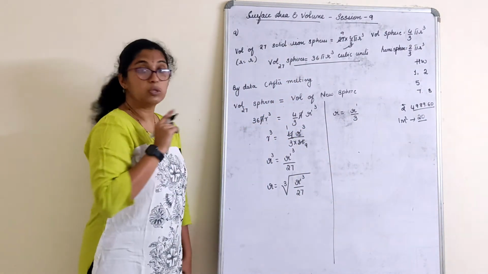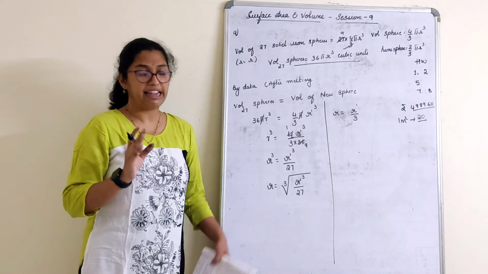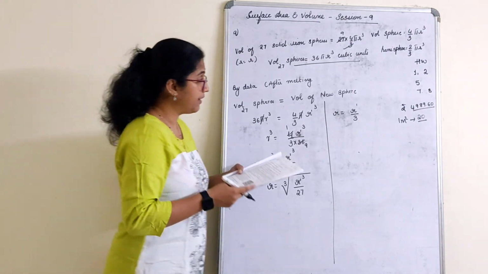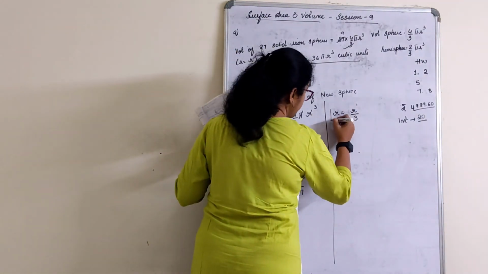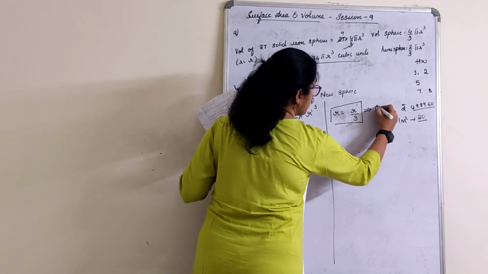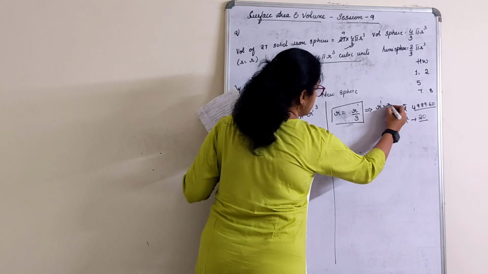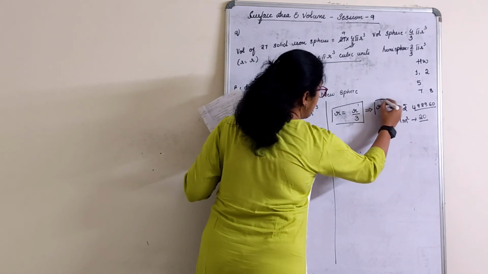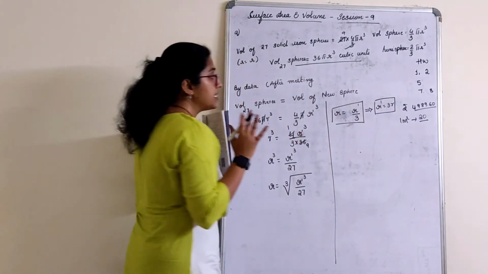So r is equal to r dash by 3, or r dash is equal to 3r. Keep this as it is.